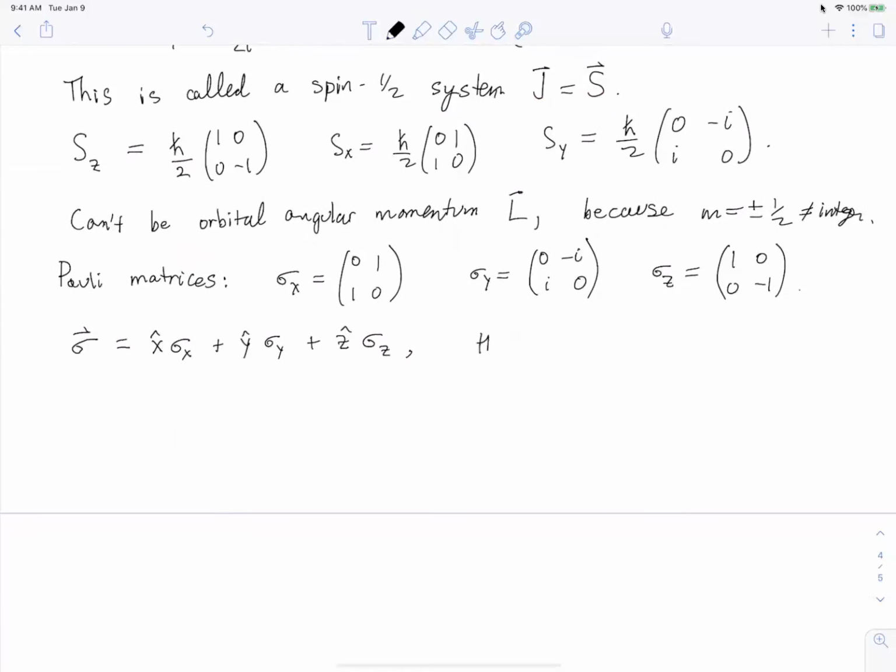Having done that, you can say that J is equal to S is equal to h bar over 2 times the sigmas. So really, S here is the operator, and the sigmas are the matrix representation. But we've sort of agreed not to worry too much about the difference.